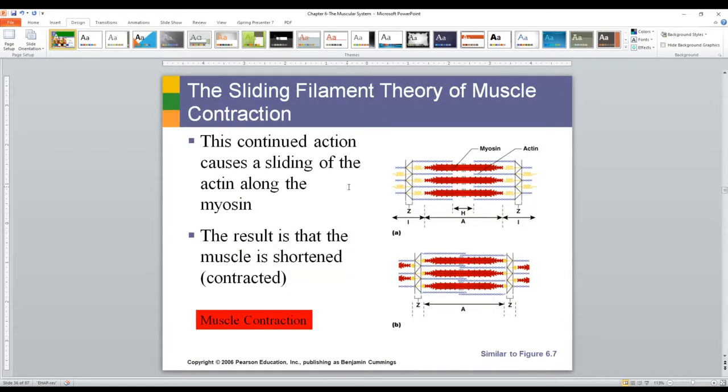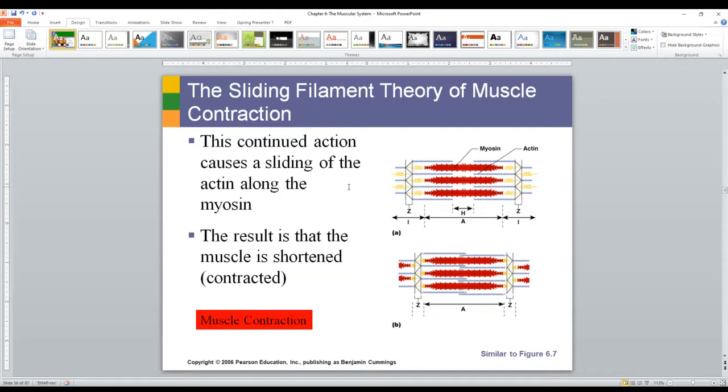We talked about how contraction occurs, right? The sarcomeres contract, causing the myofibrils to contract, and if all those myofibrils contract, the skeletal muscle fiber as a whole contracts.